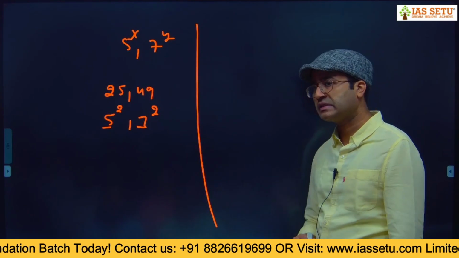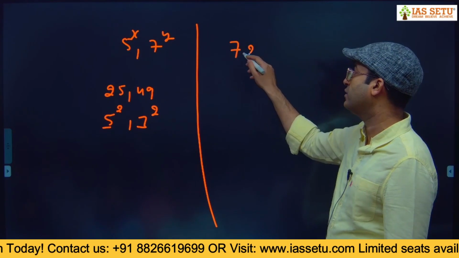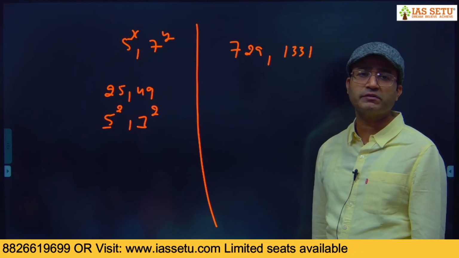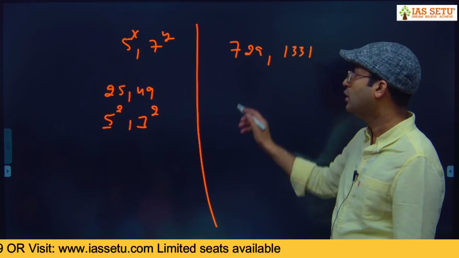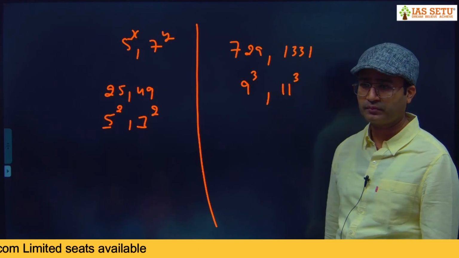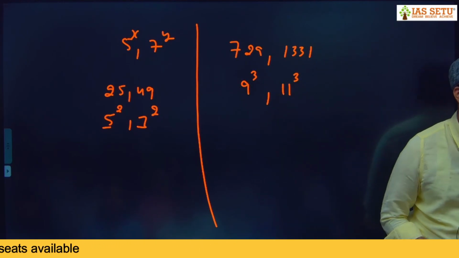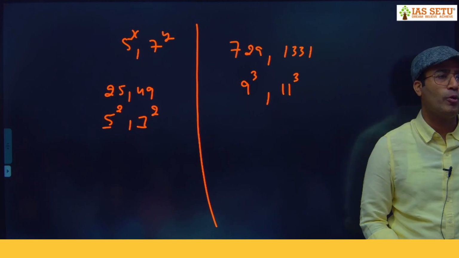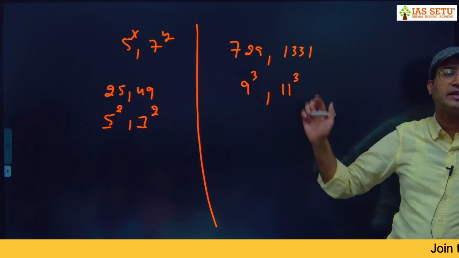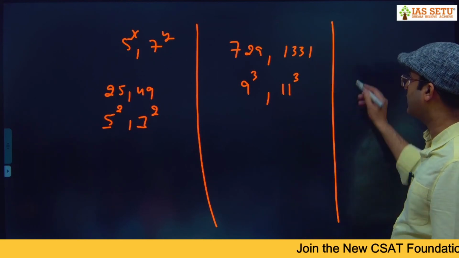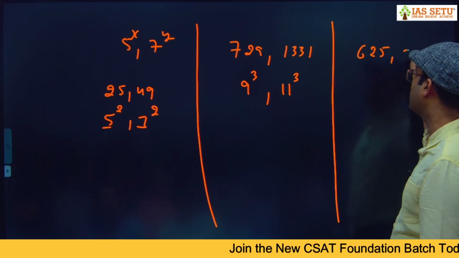Similarly, like in yesterday's test, there were values 729 and 1331, and we had to check whether these are co-prime, yes or no. This is 9 cube and this is 11 cube. Once you know 9 and 11 are co-prime, 9 cube and 11 cube have to be co-prime. So no need to check factors of that number. There was also a question on 625 and 729.